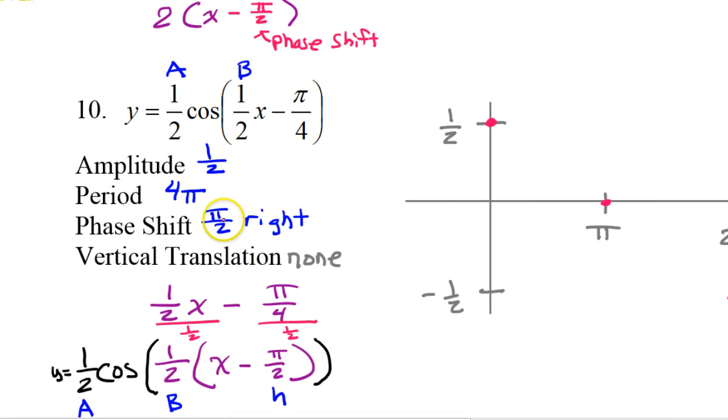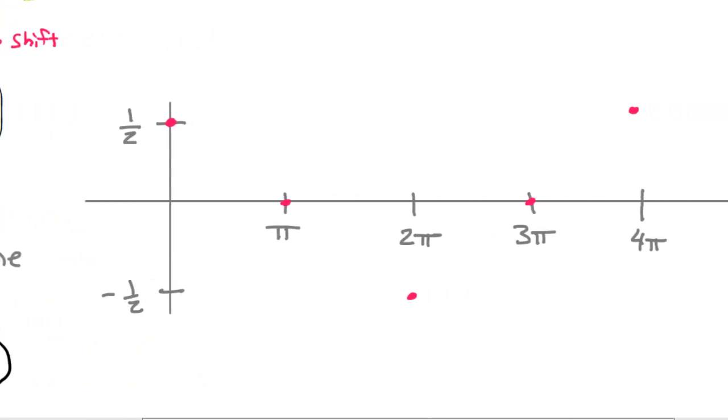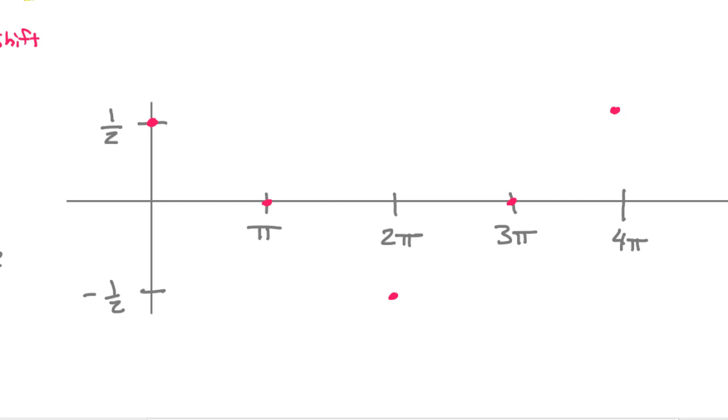But there is a phase shift. Everything has to shift pi over 2 to the right. So it would be helpful for me to see where pi over 2 is in this picture. Well, pi over 2 is half of pi. So here's pi right here. So it makes sense that pi over 2 would be right here in the middle.